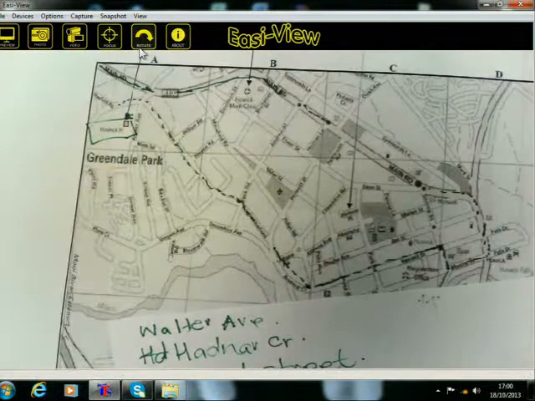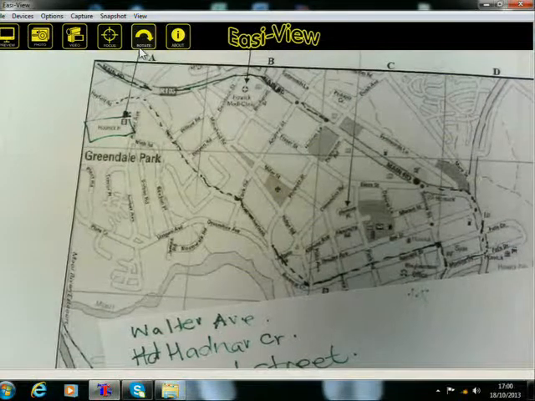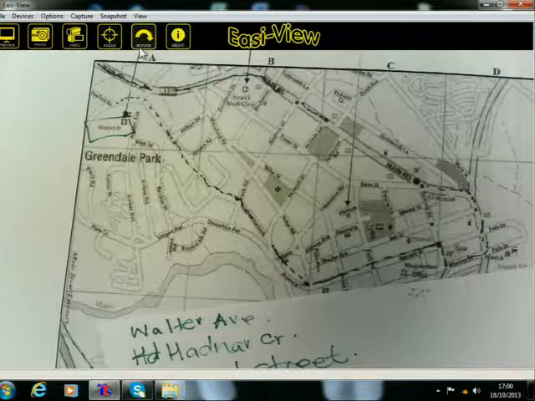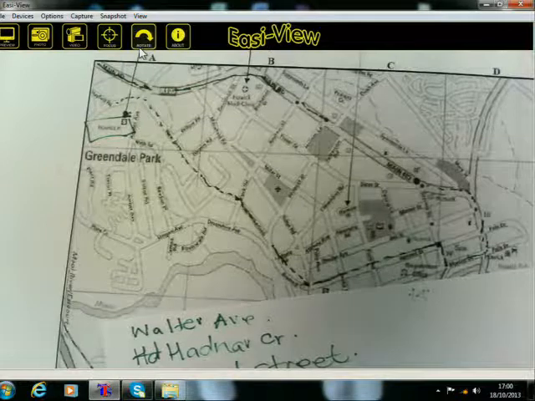Then you reach the entrance of Howick High School.